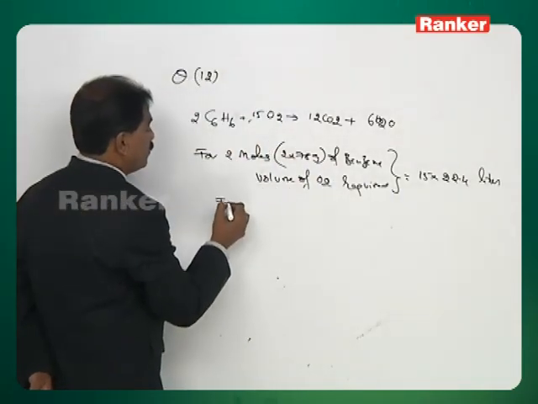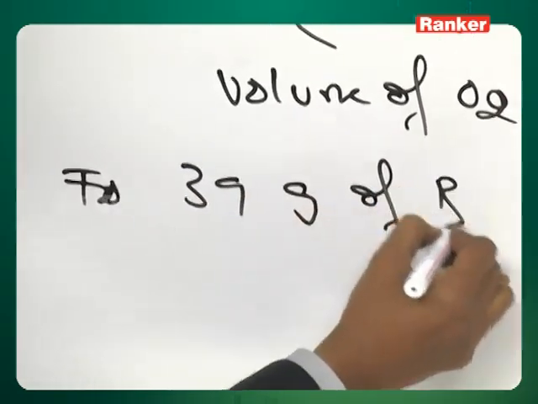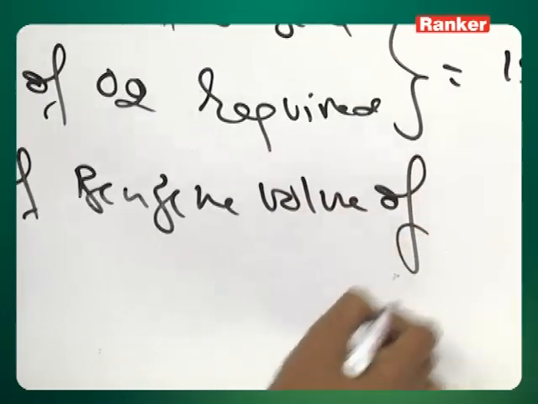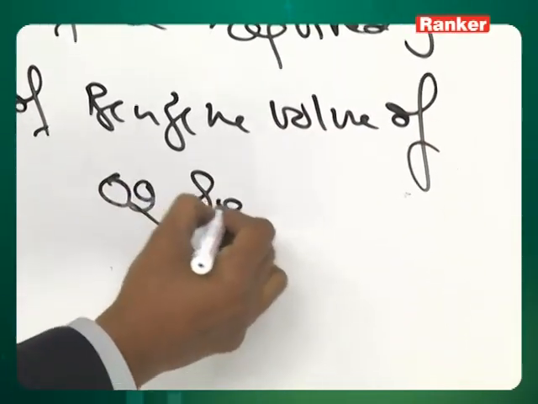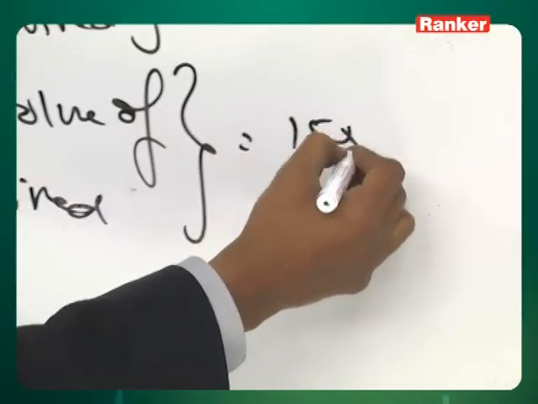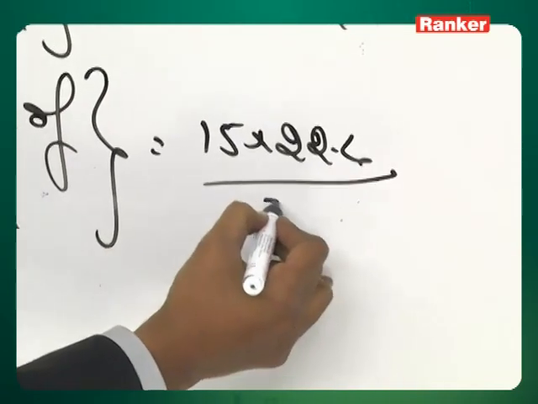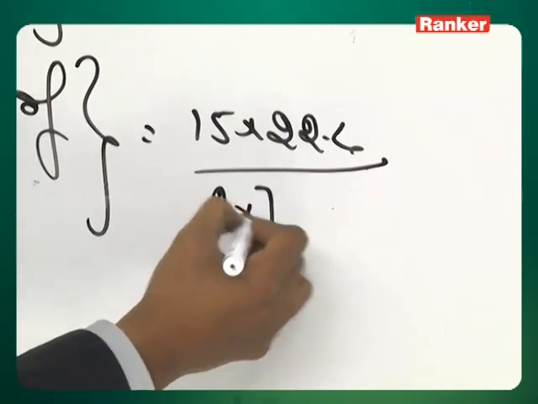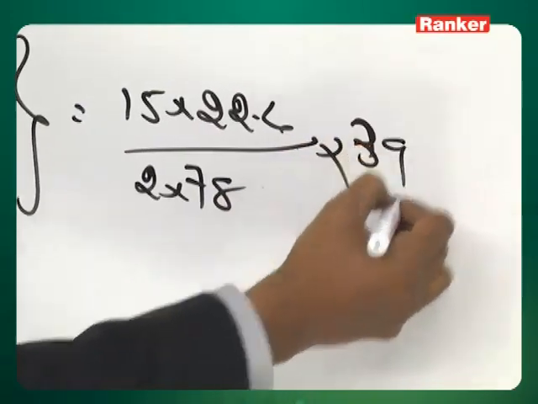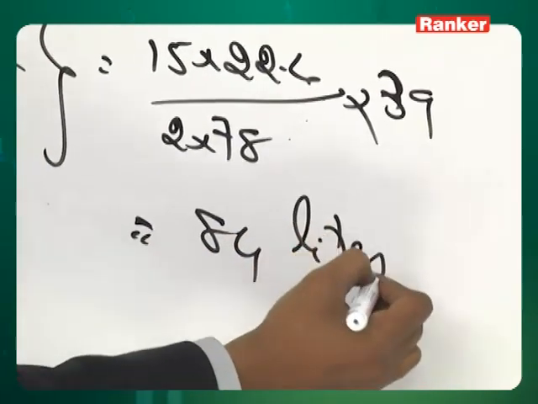Next, for 39 grams of the benzene, volume of O2 required. So, we will get the 84 liters.